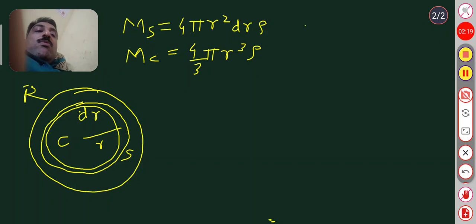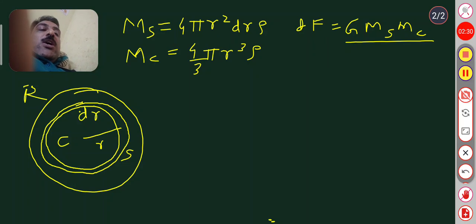And what is the small force between them? The small force is given by capital G, mass of the shell, mass of the core, divided by r square. So this is the force experienced by this shell due to this core. So what is the pressure then? Let us first calculate the force.